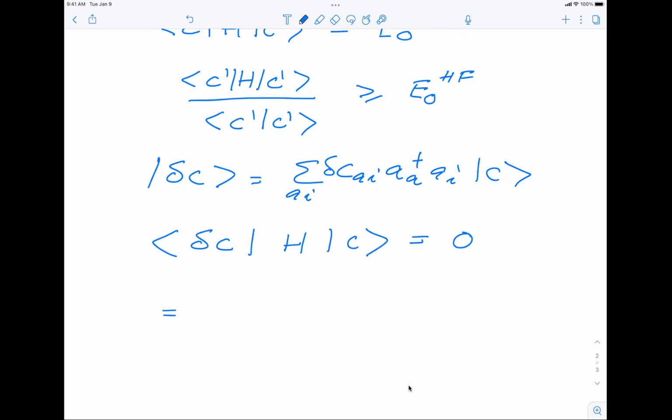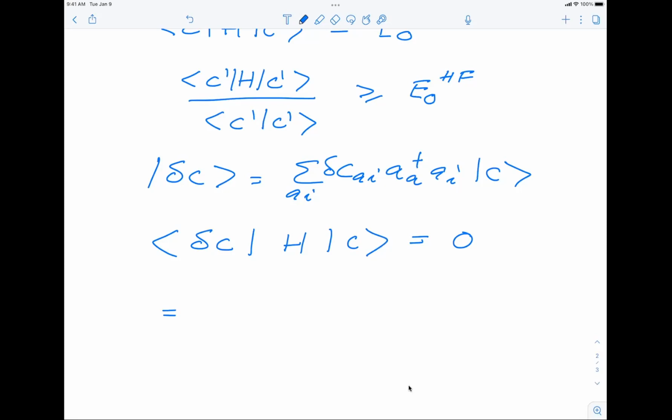You can take the Hermitian conjugate, and since the δC parameters and their Hermitian conjugates result in independent equations, it suffices to look at the one where we have the δC on the bra side of the equations.